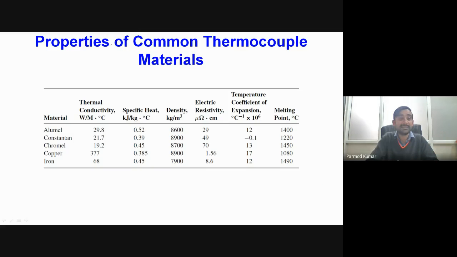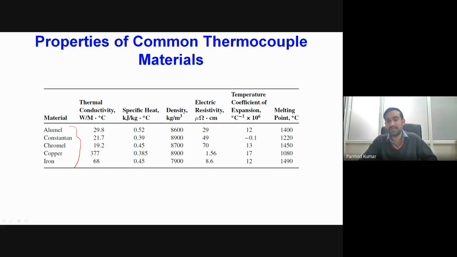Then these are some of the thermophysical properties of common thermocouple materials. You can see different materials and their corresponding thermophysical properties like thermal conductivity, specific heat, density, electrical resistivity, temperature coefficient of expansion and melting point. All these properties are very important, because later in this module on measurement of temperature, we will be studying one section on the effect of heat transfer on measurement of temperature.